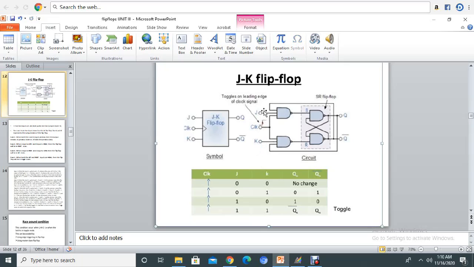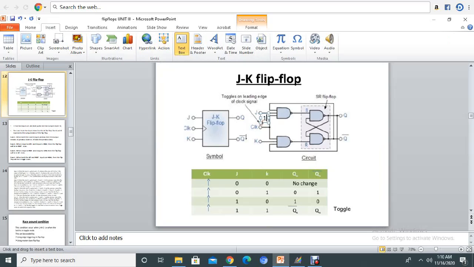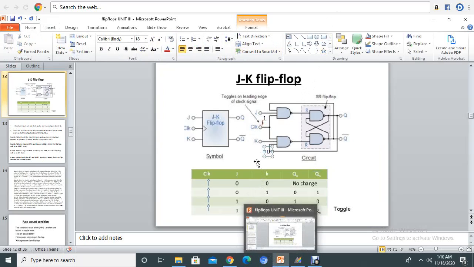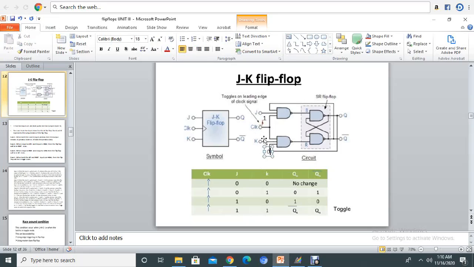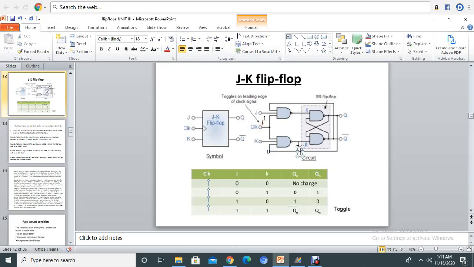J is equal to 1, K is equal to 0. Okay. Now I am applying clock pulse. If any one of the input is 0, then the output will be 1. So the output of this NAND gate is 1.